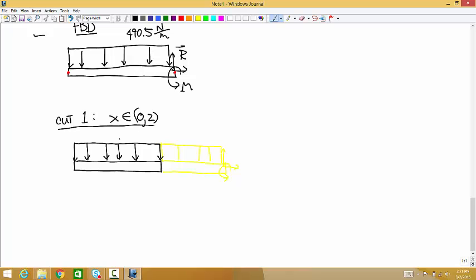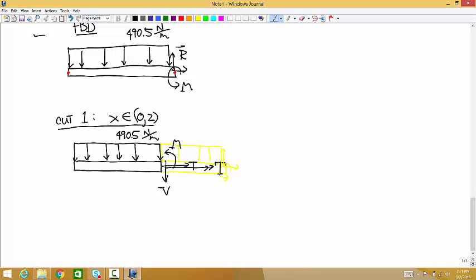The distributed load is 490.5 newtons per meter. And the only other loads on the piece that we're looking at are the internal loads: tension, shear force, bending moment, and torque.